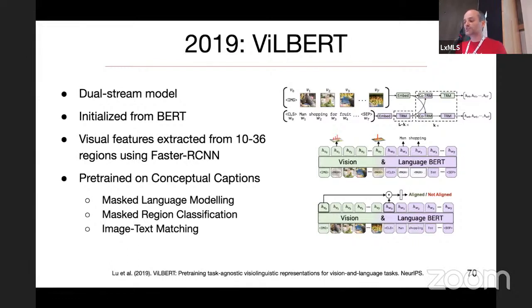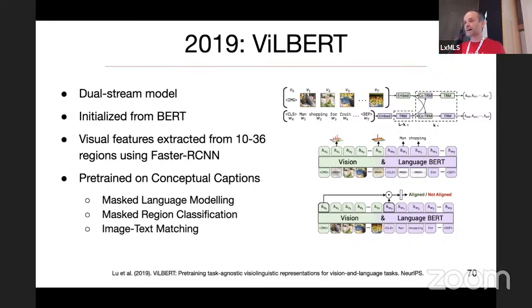This model was pre-trained on the Conceptual Captions dataset. According to the paper, I think they got all 3.3 million image examples. And it was pre-trained on 3 tasks. So there's a masked language modeling task, which you all know, where we have these masked tokens in the input, and we're trying to predict the probability distribution here.